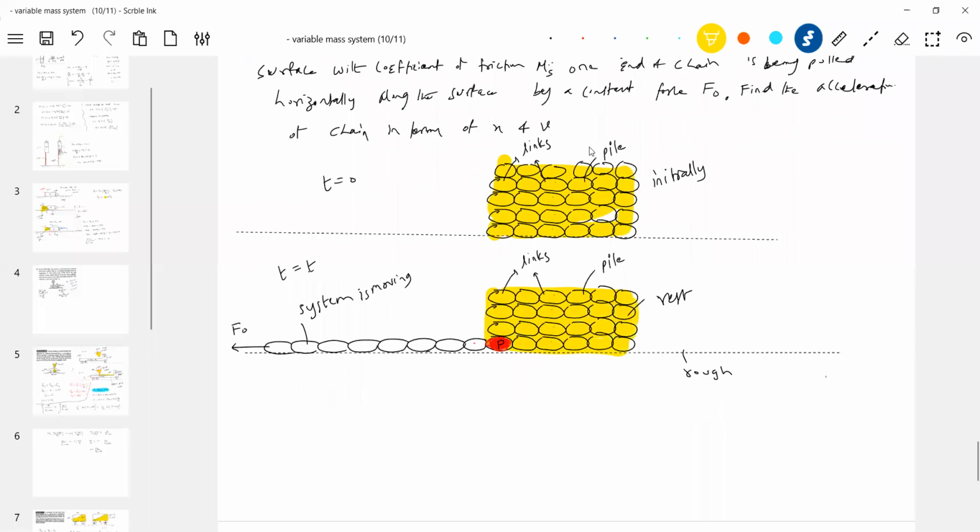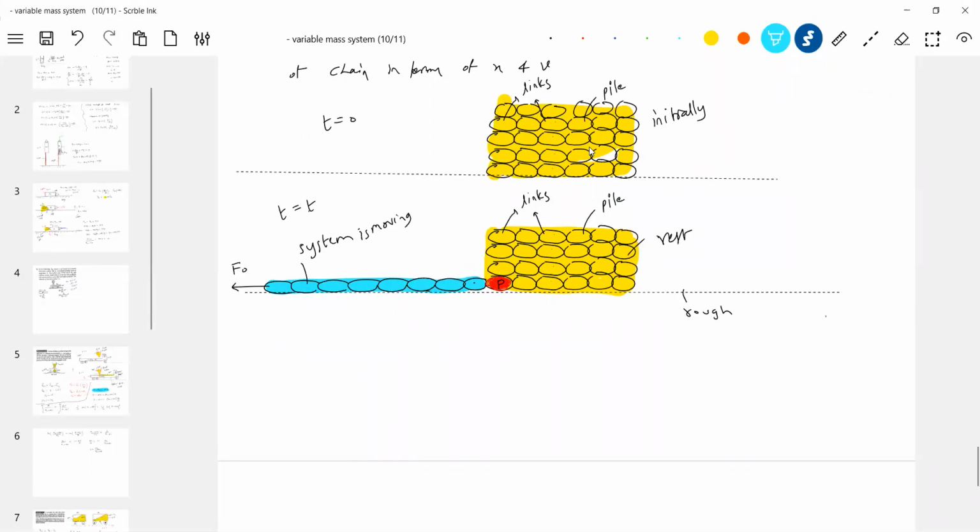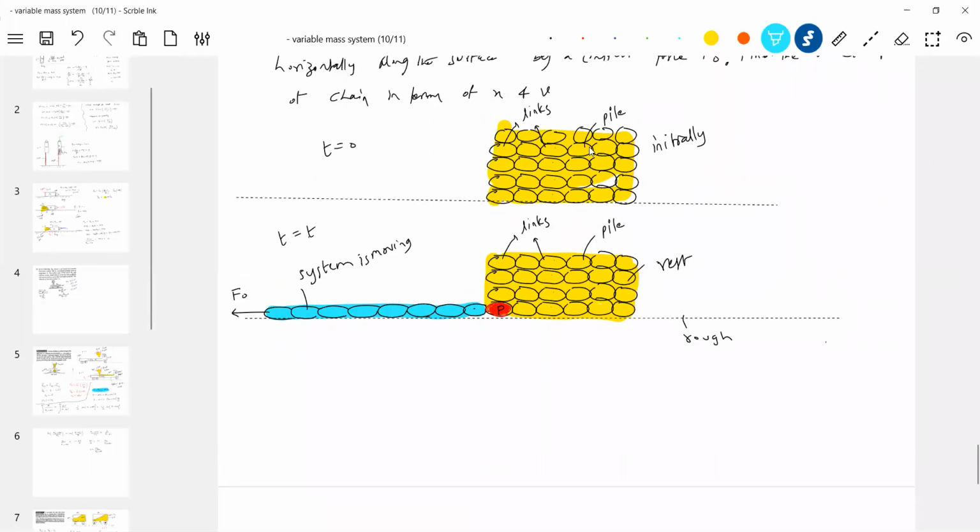The moving part I'll show by 1, and the part which is at rest I'll show by 1. And look at that red color link P. It will get added up to the system, no? Very next moment, for t greater than t, after this time, the link P will get added up to the system.